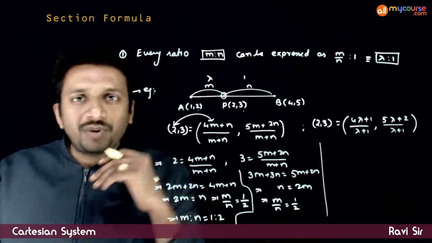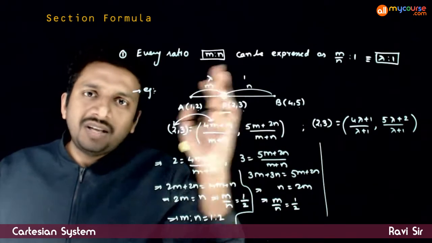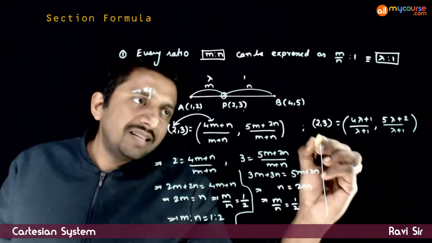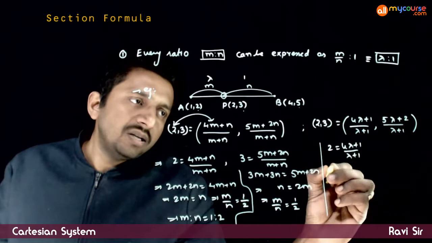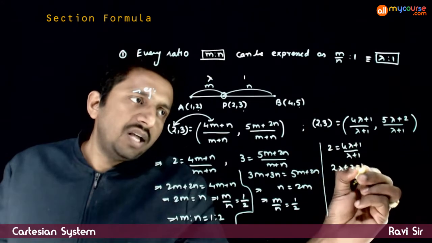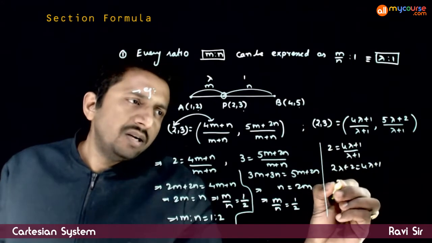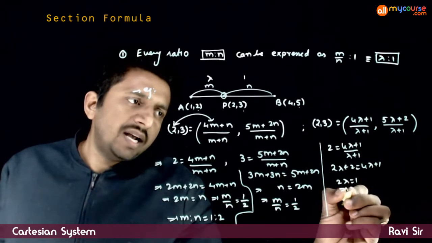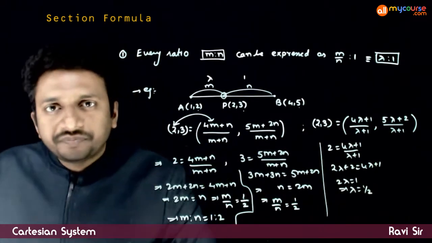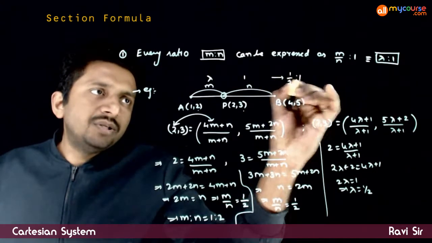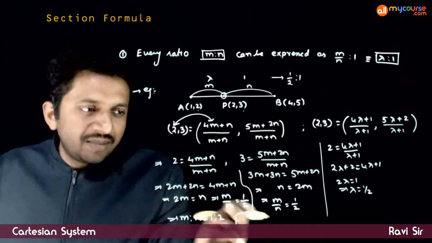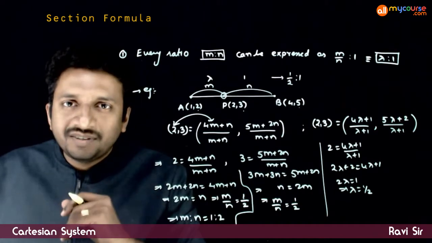Now instead of this process, if you assume the ratio to be λ:1, the working is like this. 2 is equal to (4λ + 1)/(λ + 1), so 2λ + 2 is equal to 4λ + 1. 2λ is equal to 1 and λ is equal to 1/2. That means the ratio is 1/2:1, which is exactly the same as 1:2.